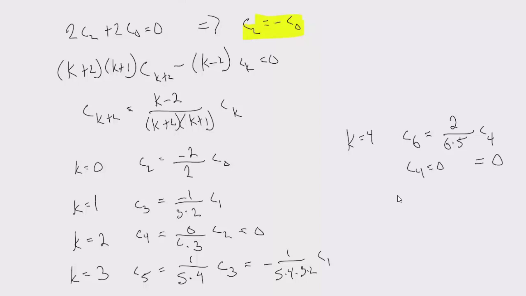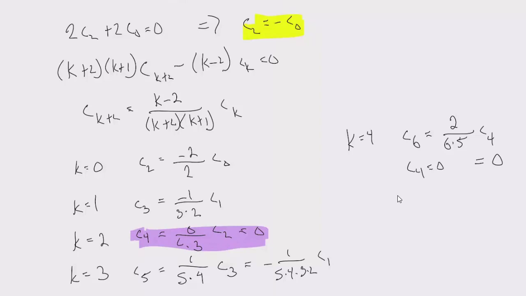So I started off with k equals 0, evaluated it, and basically confirmed that c2 was equal to negative c0. Yay, that's what I showed. And then I plugged in 1 and I got a pattern there. But when I hit k equals 2, that's where this story got interesting. Kind of saved me a little bit of time going down the road there.